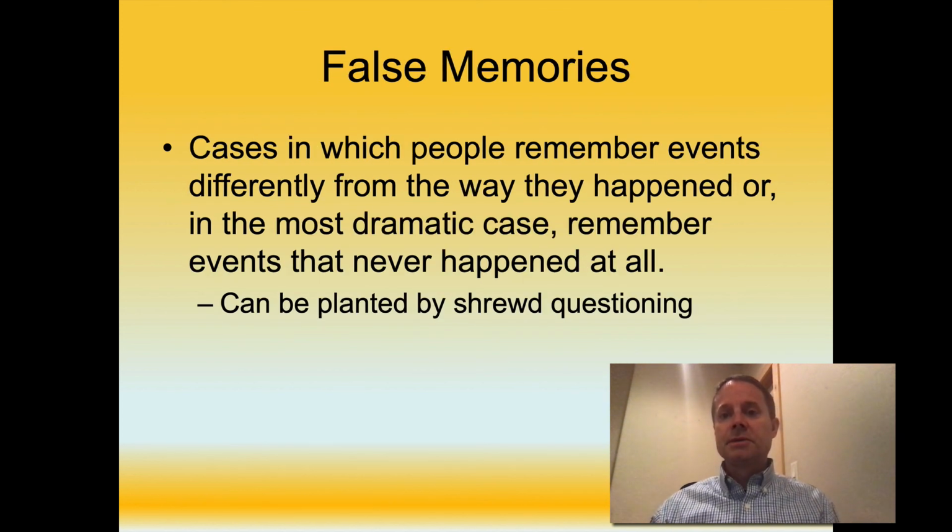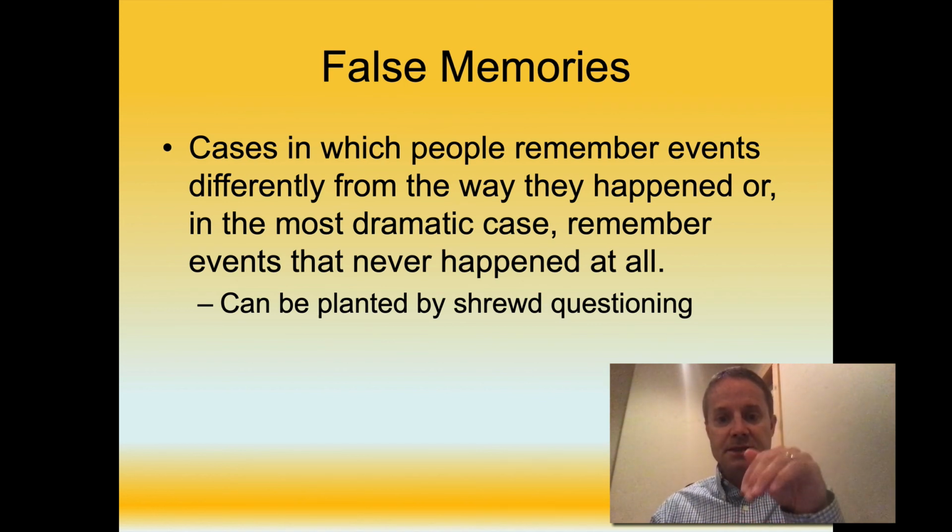The last thing Elizabeth Loftus did after she did the misinformation effect, she did all sorts of research on false memories. These are cases in when people remember events differently from the way they happened, or in the most dramatic case, they remember events that never happened at all. So you can spend some time talking to somebody and you can plant a memory.